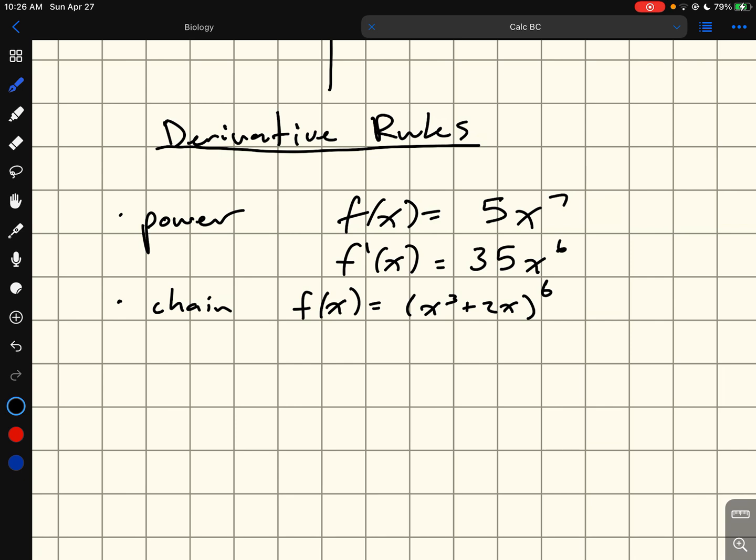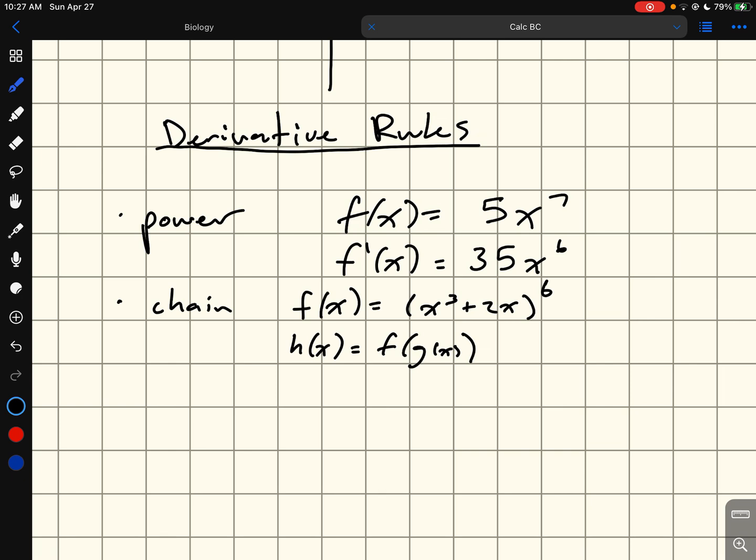So a lot of times conceptually, they'll write it like f of g of x, and they'll say, find the derivative of h prime, find the value of h prime of 3, something like that.